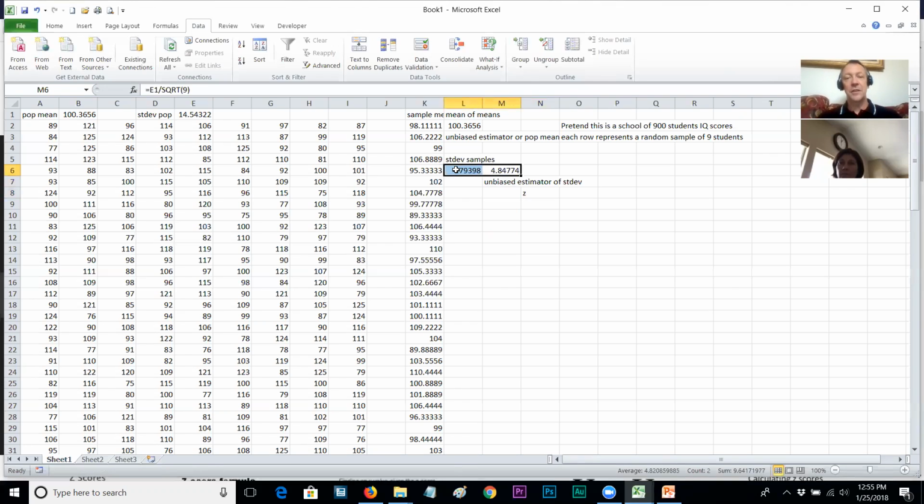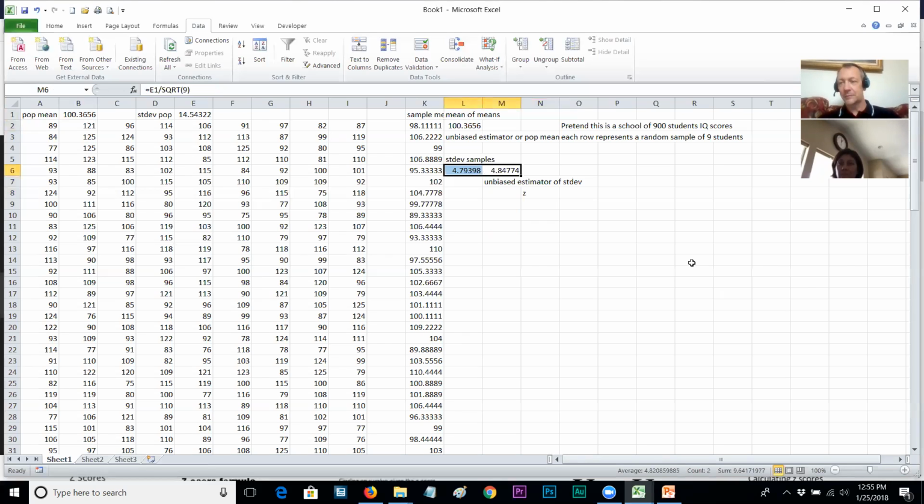When you compare this and this, 4.79 versus this, this is a biased estimator. But now when I divide it, it's unbiased. It's very close. In fact, the cool thing about the Central Limit Theorem, not only are these close, the population means, they're exactly the same. This is how you get an unbiased estimator.